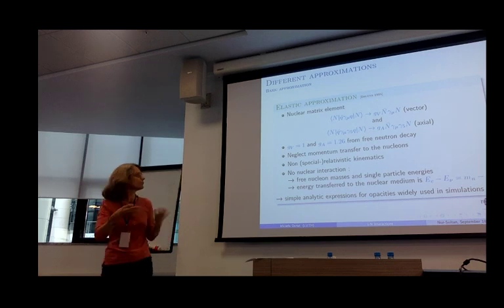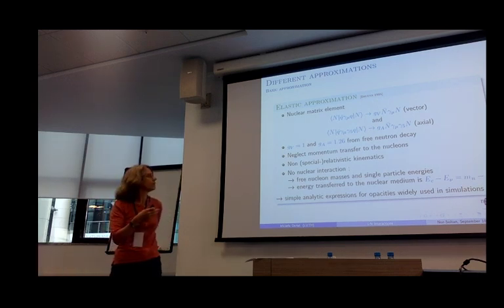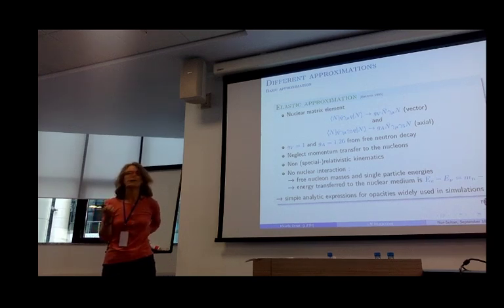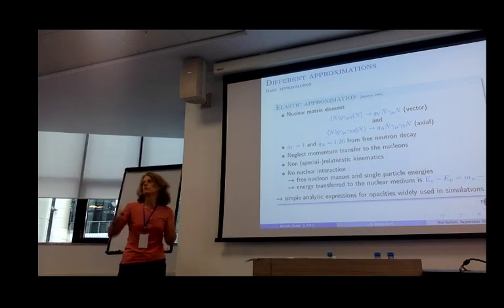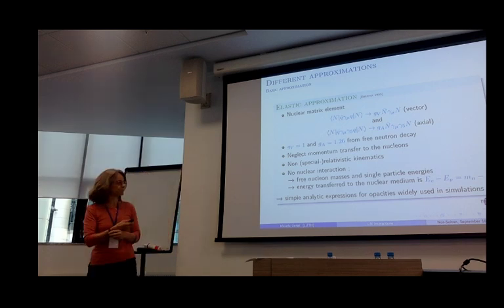For the phase space, you have non-relativistic kinematics, and you do not consider any nuclear interaction. This means that for the phase space you take the free nucleon masses and also the energies.